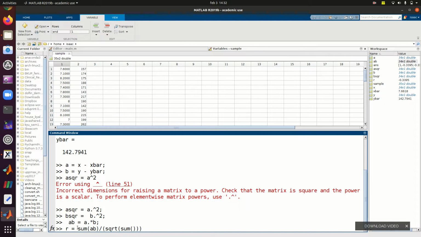We call that one a square. It's this one here, which is a square. So here we simply put in a square, and then it is times b squared, yes, times the sum of y minus y bar squared, which we also call b squared.